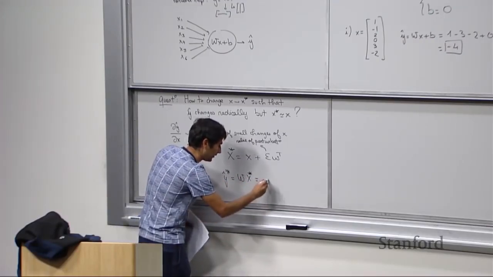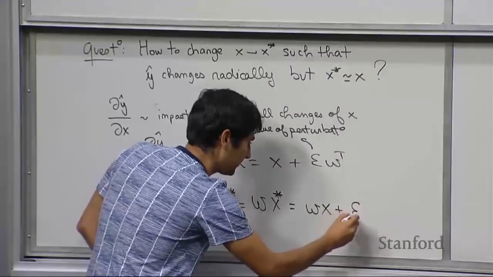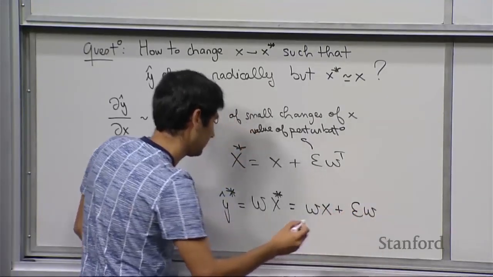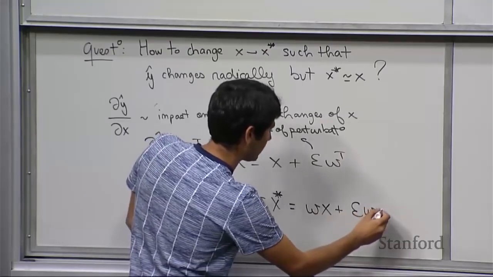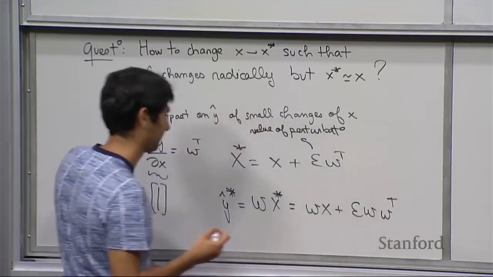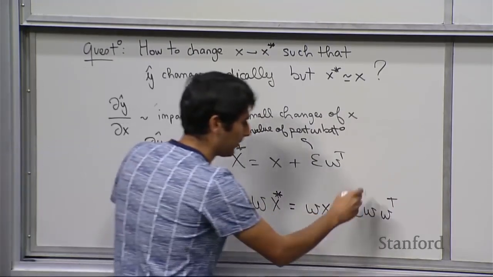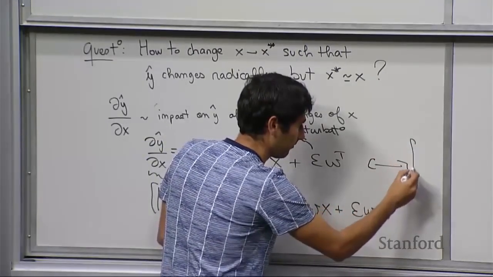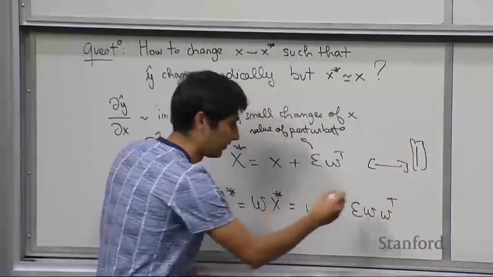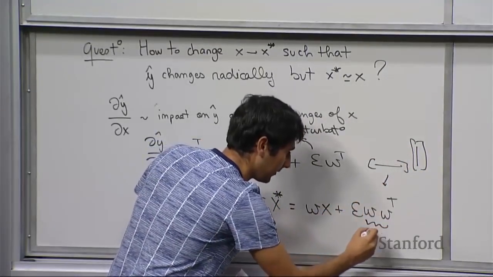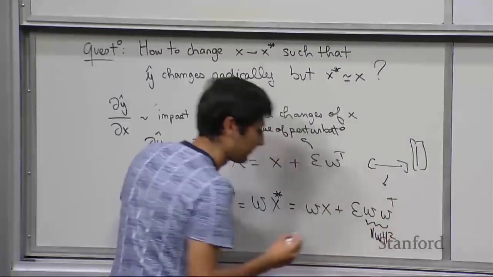We're going to get Wx plus epsilon W times W transpose. And W times W transpose is a dot product, so this is the same as W squared.